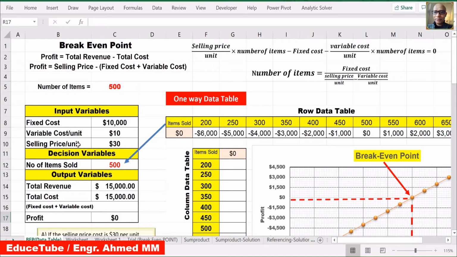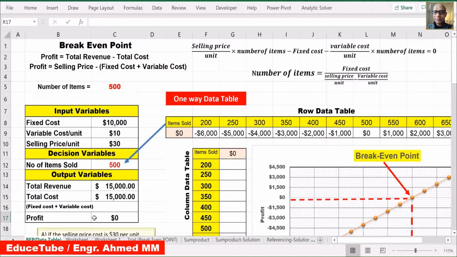And the decision variable in this model, we can see here, is written number of items sold. Using these entries, we calculated output variables in terms of total revenue, total cost, and profit.